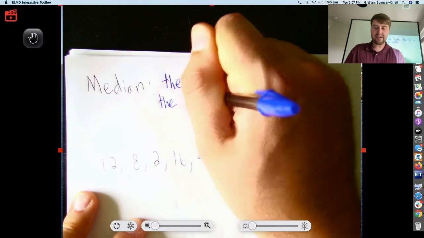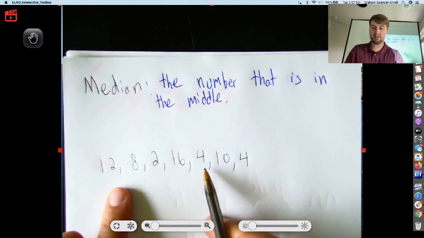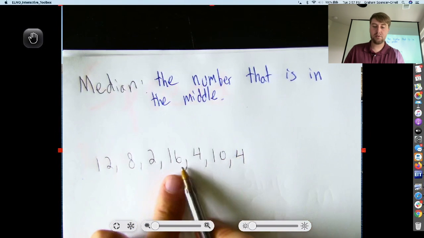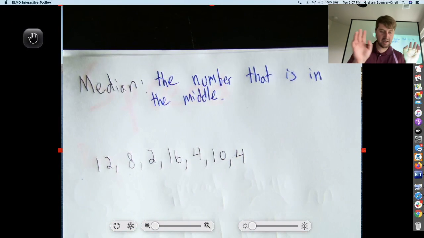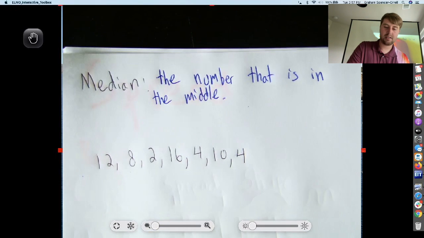Now, if we had these 7 numbers, we know the middle is going to be, we'd start at the end and cross them out until we got to the one in the middle. However, we can't just do that with any sort of numbers in any sort of order. We must put them from smallest to biggest.